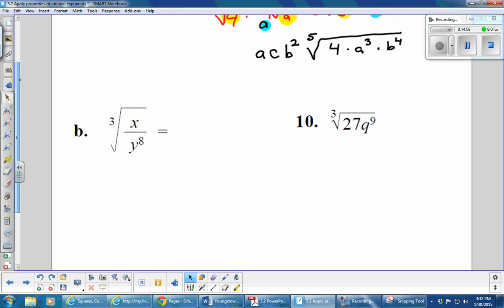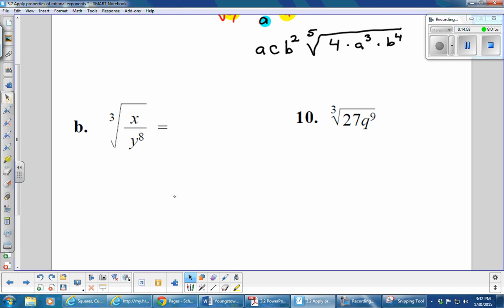Okay. So if you're looking at this one and trying to figure out what you need there, the best thing to do is maybe separate them: the cube root of x on the top and the cube root of y to the eighth on the bottom. Ask yourself, how many times can 3 go into 8?